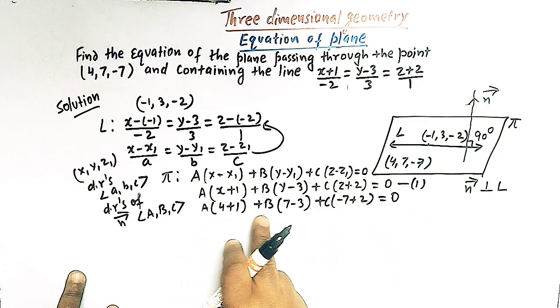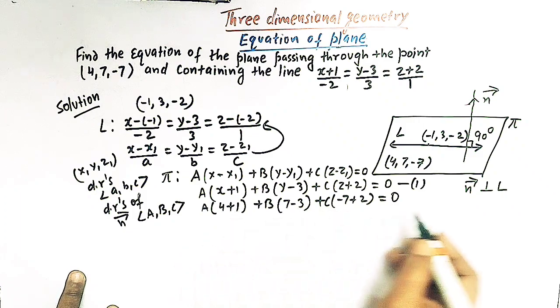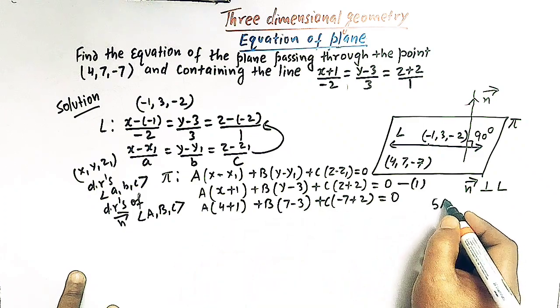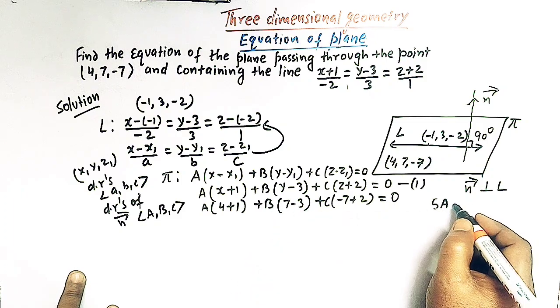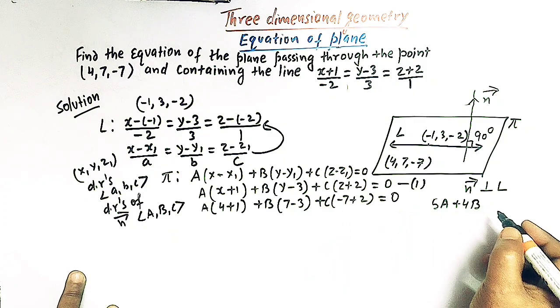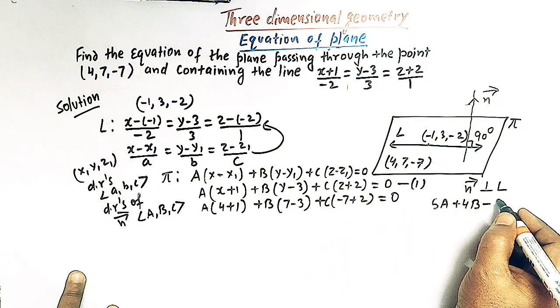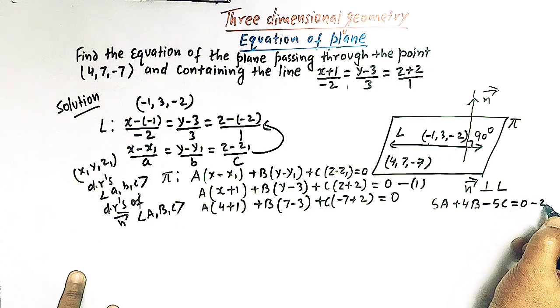So now we have an equation in A, B and C. So this is 4 plus 1, 5, so here we have 5A. Then 7 minus 3 is 4, so we have 4B. And then 2 minus 7 is minus 5, so we have minus 5C is equal to 0.